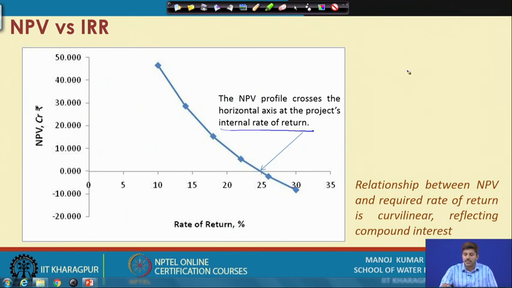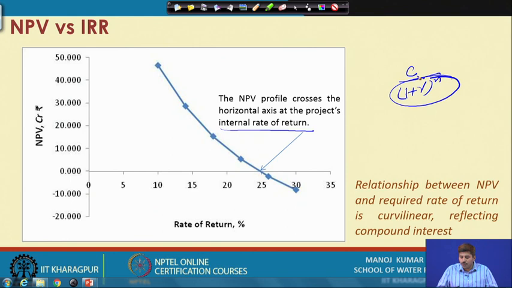So, this is, let us say, my net cash flow, multiplied by 1 upon 1 plus the rate of interest to the power n. This is compound discounting. If we are discounting like this, we are expected to have a curvilinear nature of the net present value profile.